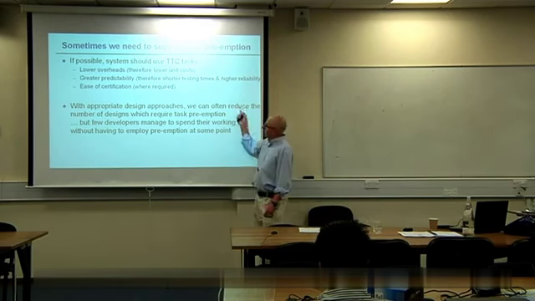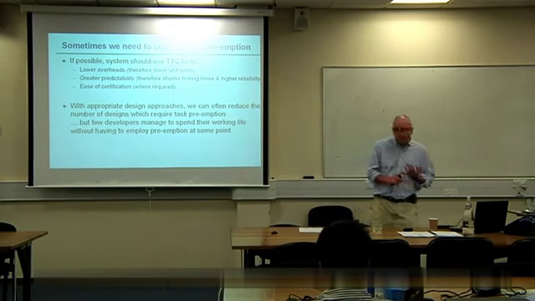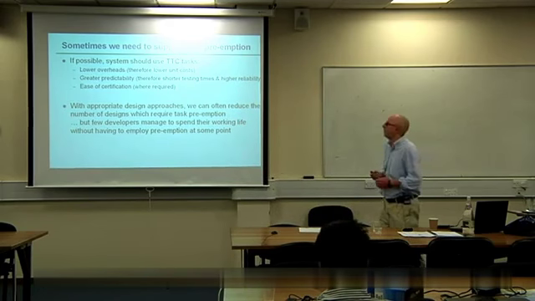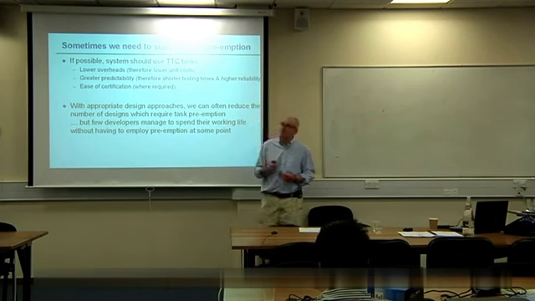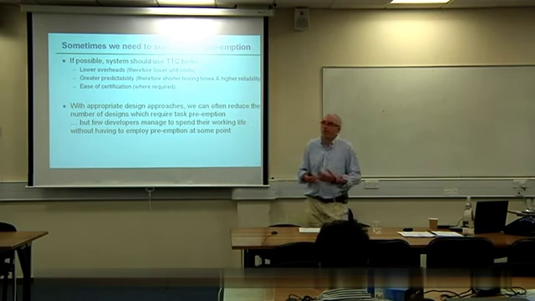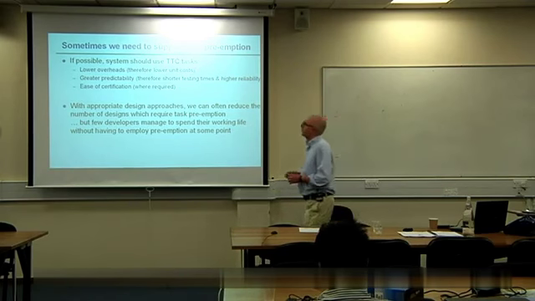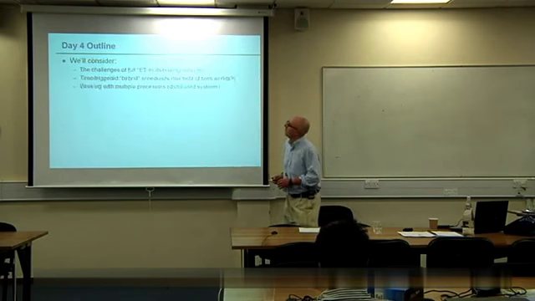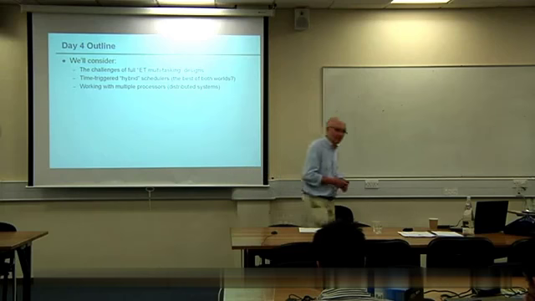Now, with appropriate design approaches, such as the one we looked at on the previous slide, you can sometimes reduce the number of systems which require task preemption, require tasks to interrupt one another, but you can rarely avoid it completely. So how do we manage to make that work effectively? We're going to consider full event-triggered multitasking designs, time-triggered hybrid schedulers, and working with multiple processors in distributed systems.